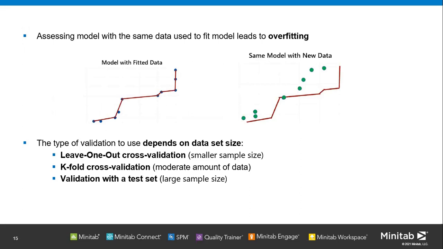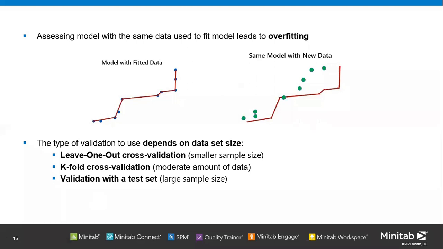The first is leave one out cross validation, the second is K-fold cross validation, and the third is validation with a test set. For information, all these validation types are in our tools.